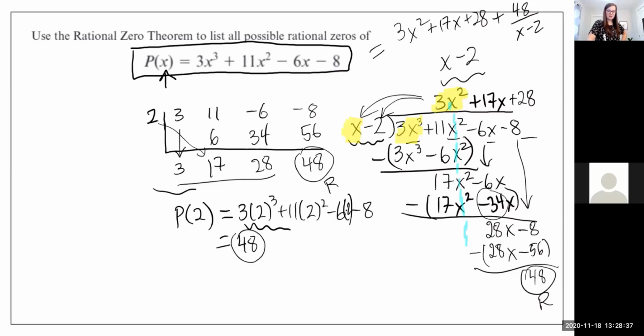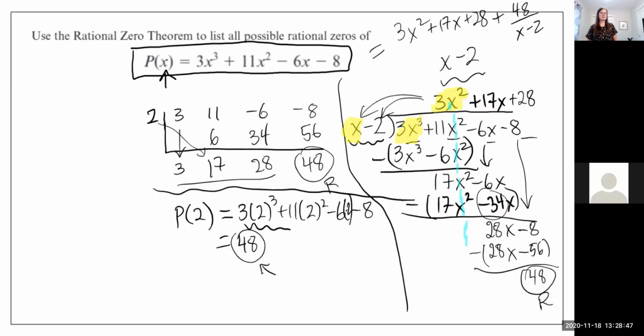That's another strategy you have: I could right away just check, does x minus 2 work as a factor? If it gives me 0 when I plug in a 2, then I know it's a factor. If it gives me something else, that means it has a remainder, and that is the remainder.